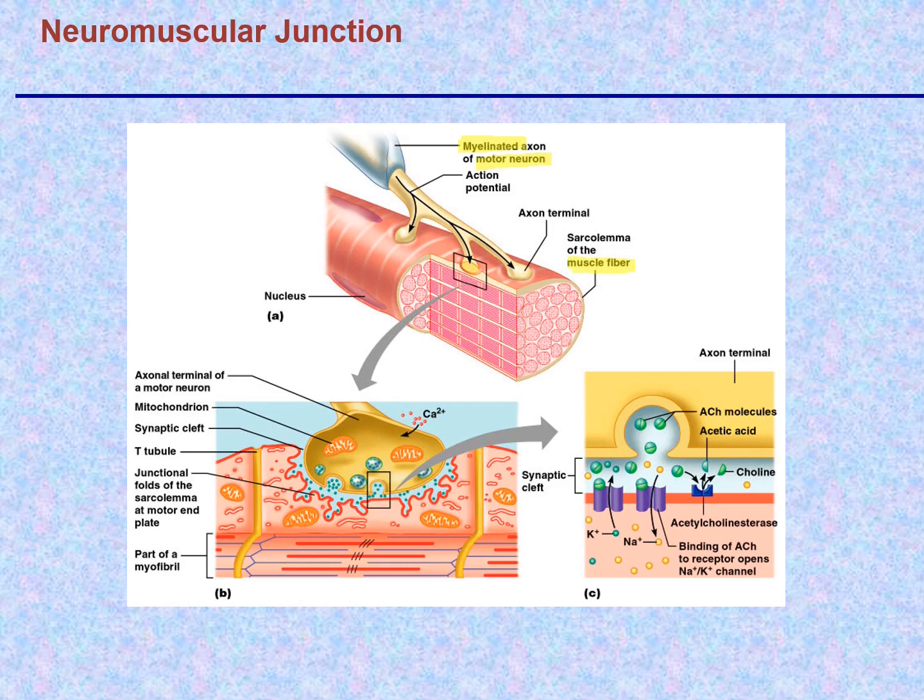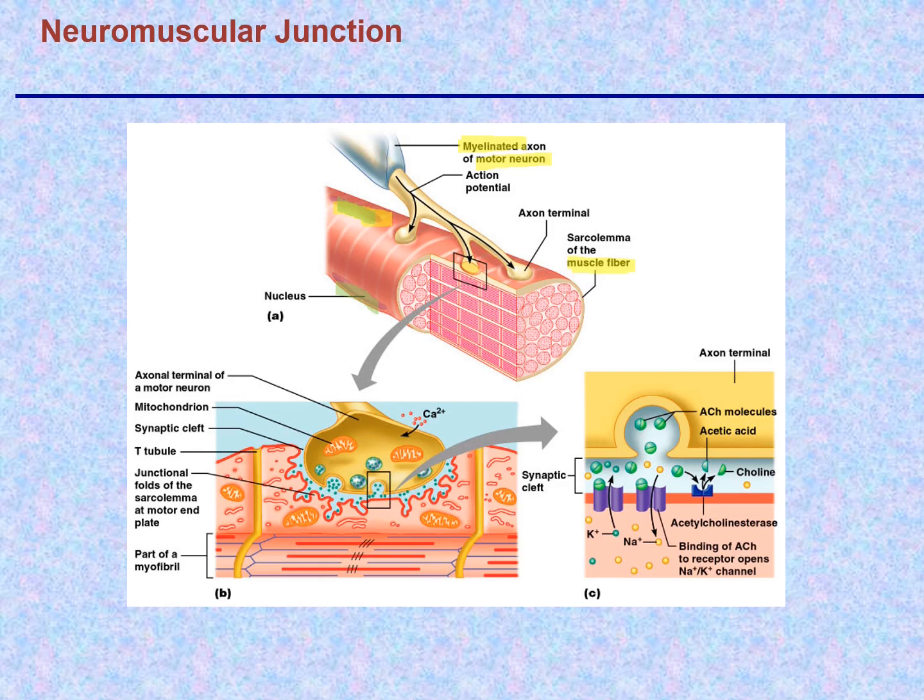And this of course is just a short section; the skeletal muscle fiber can be much, much longer. You see the multiple nuclei on the edge, you see the striated pattern, and you see the axon terminal that contains vesicles of neurotransmitter.